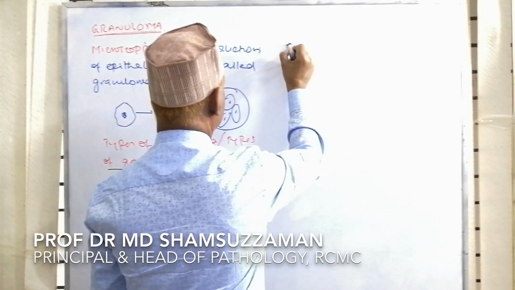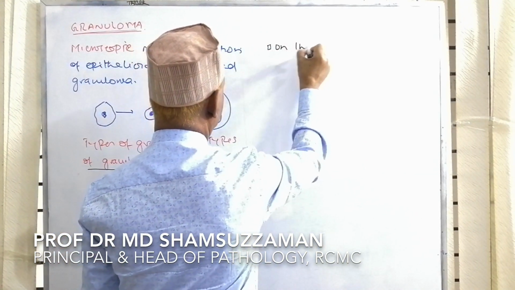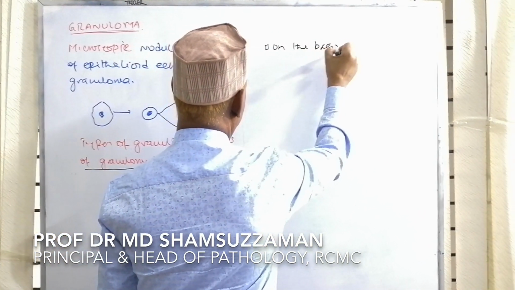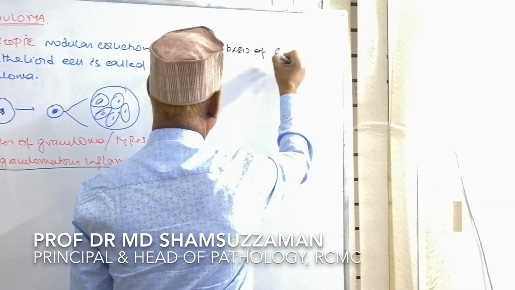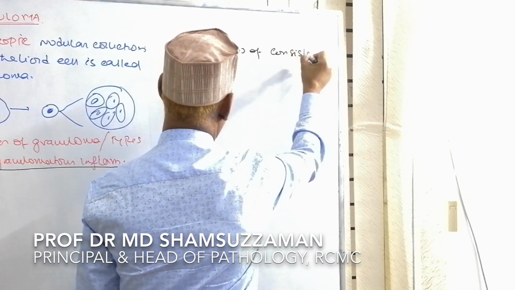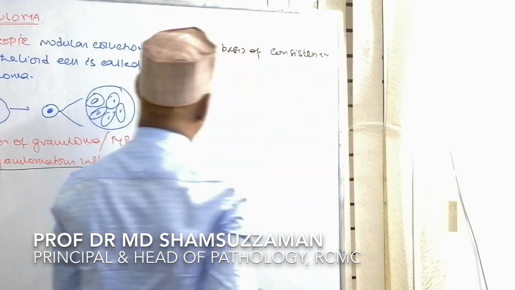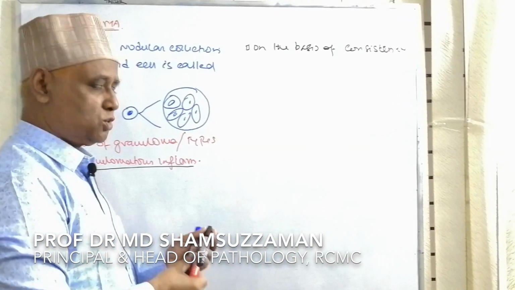Types on the basis of consistency. So on the basis of consistency, granuloma is two types.